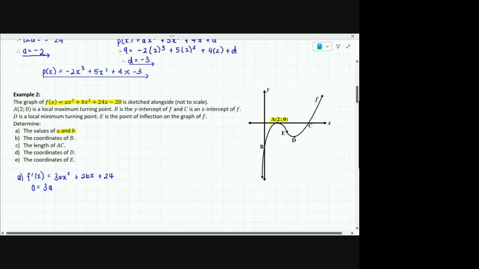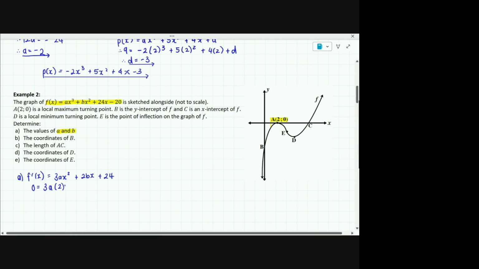Now, at this turning point, the x coordinate is 2, so we can substitute that in. Remember, when we find the first derivative, we are looking for an expression that gives us the gradient at that point. And here, because it's our turning point, we make that gradient equal to 0 because the tangent line at your turning point is horizontal. So we can substitute in the x coordinate that we know.